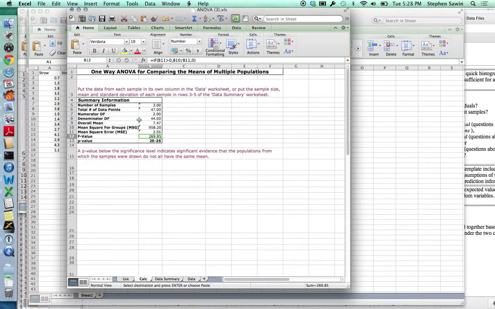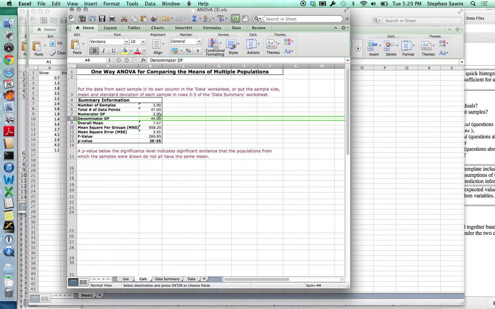Here's the page that really matters. It tells us, again, the number of samples. There were 3 samples. There was a total of 47 data points. Numerator and denominator degrees of freedom, we've seen degrees of freedom before. In this particular procedure, the statistic we use is the F statistic. The F distribution has not one number of degrees of freedom, but 2, called the numerator and the denominator degrees of freedom.